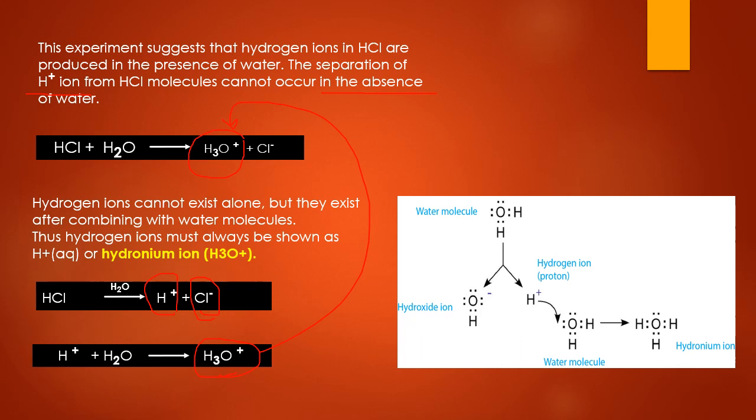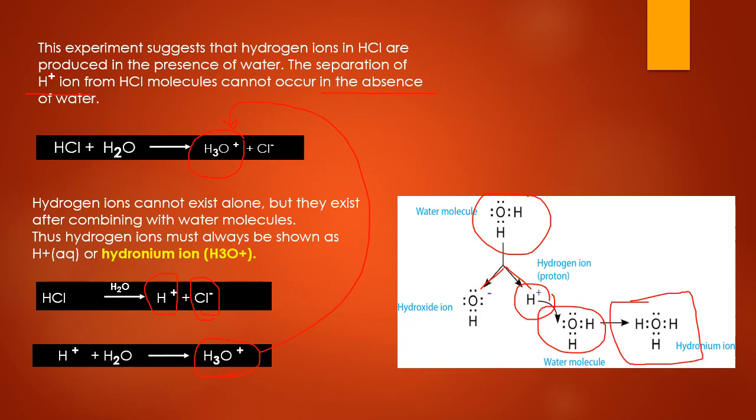That is explained in this picture also. This is H2O, a water molecule. The water molecule is ionized into H plus and OH minus. This H plus ion cannot stay alone. It will immediately go to a molecule of water and form this H3O plus ion.